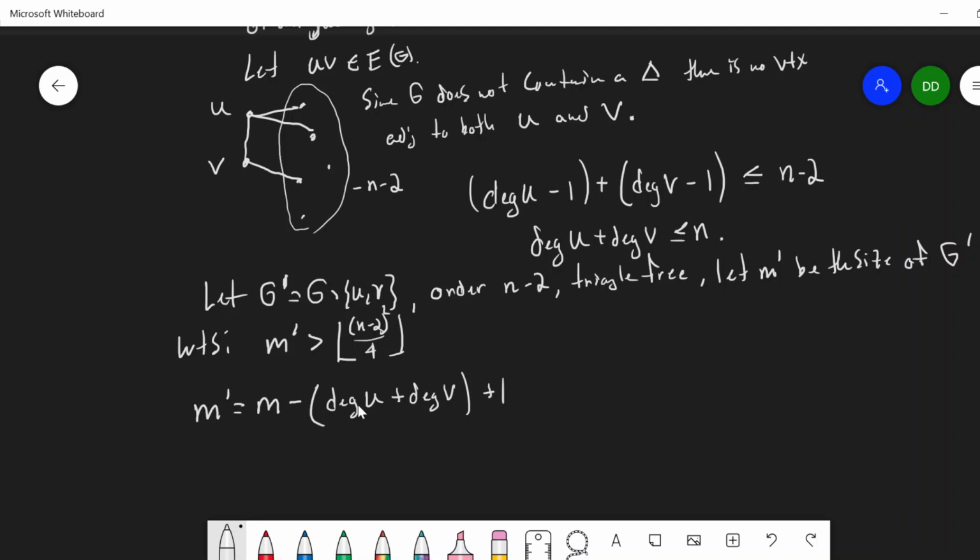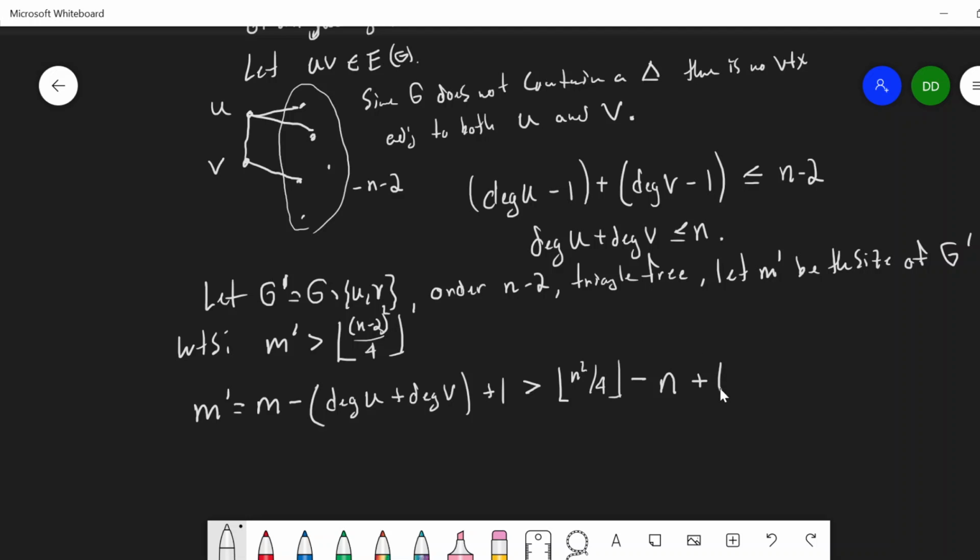Now m, by assumption, is greater than n squared over 4. And degree of u plus degree of v, from what we showed above, is less than or equal to n. So when I subtract that, it'll be greater than or equal to m minus n, plus 1.